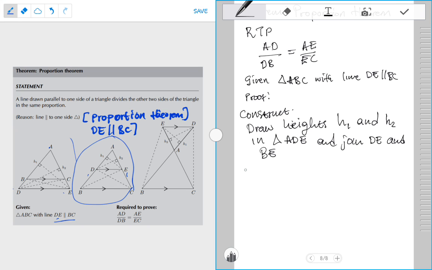Remember, we did the proportionality of triangles with the same base and the same height. So now let's find the area of ADE.